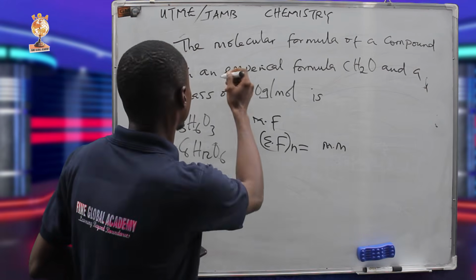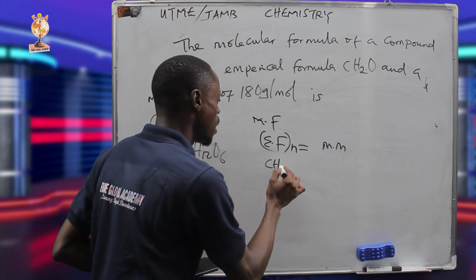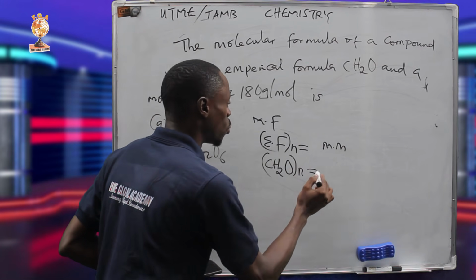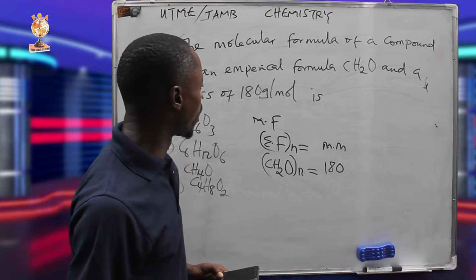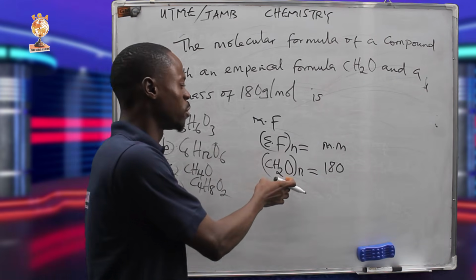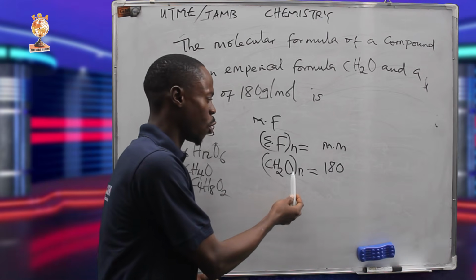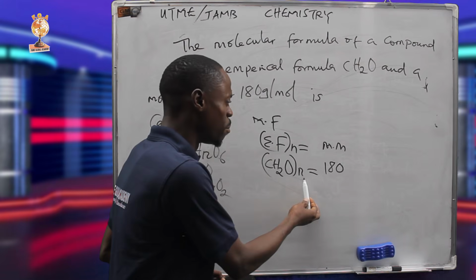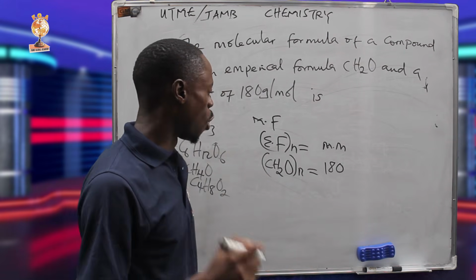So the empirical formula has already been determined, which is CH2O. All you need to apply is N, which is equal to the molar mass, 180. But look at this question on the board. The elements that make up this compound are carbon, hydrogen, and oxygen. You must first determine this N before you can go ahead to determine the molecular formula of the compound.